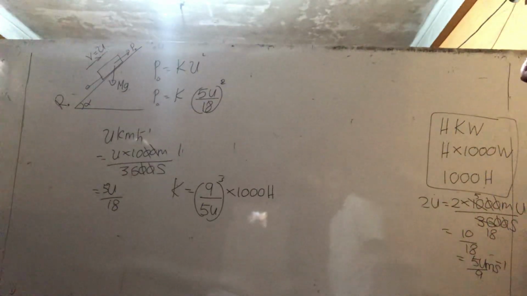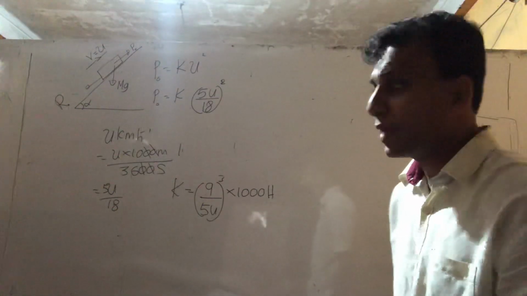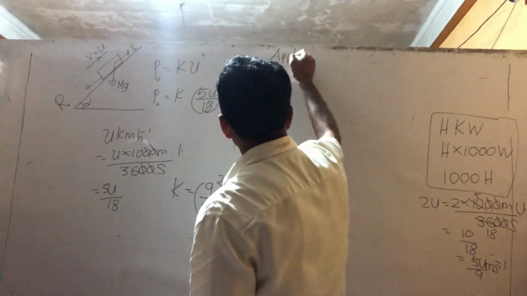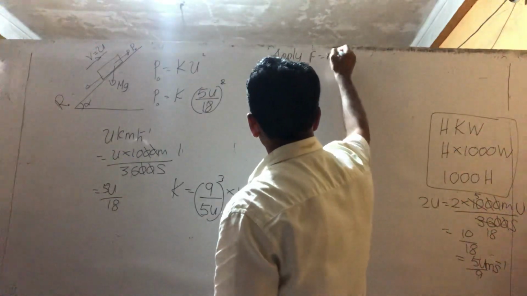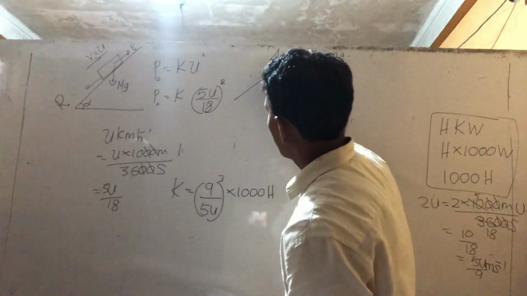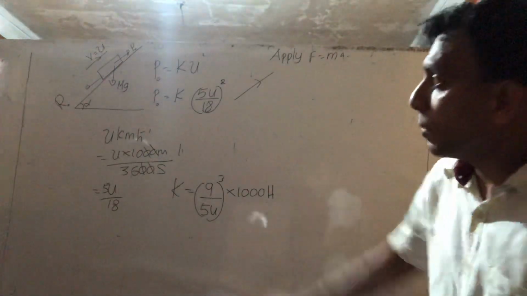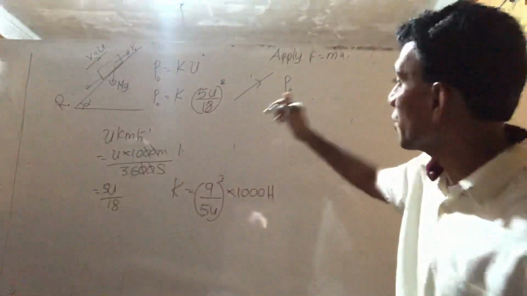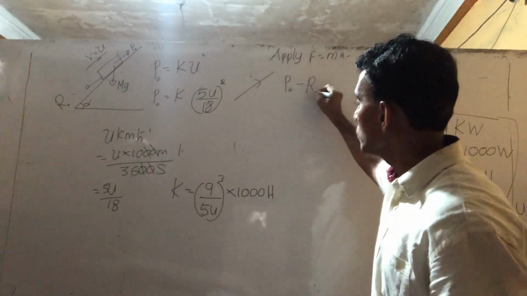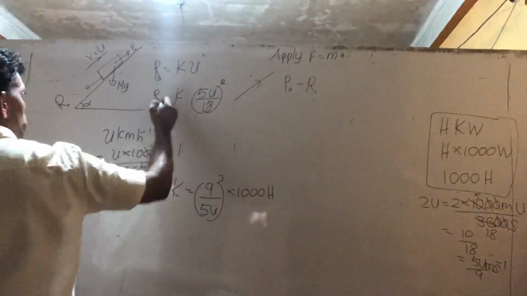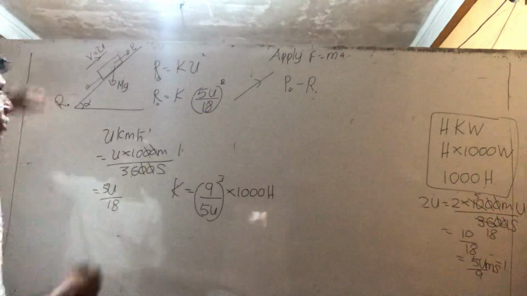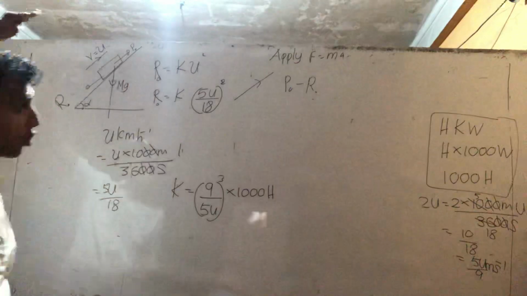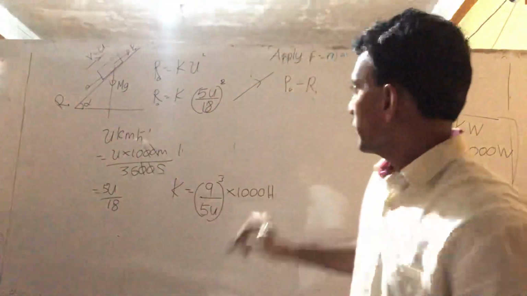Now we apply both F equals ma and the other formula. Apply F equals ma upward. The force along the upward direction is P naught minus R naught and the mg component, right? What is that? Here alpha, here 90 minus alpha, mg cos 90 minus alpha, so mg sin alpha.